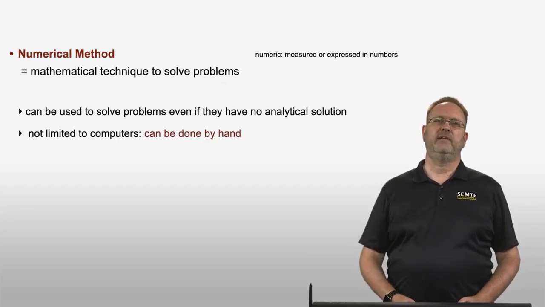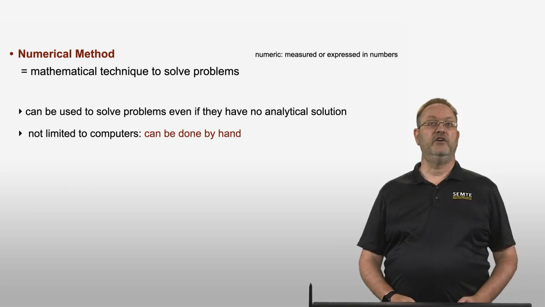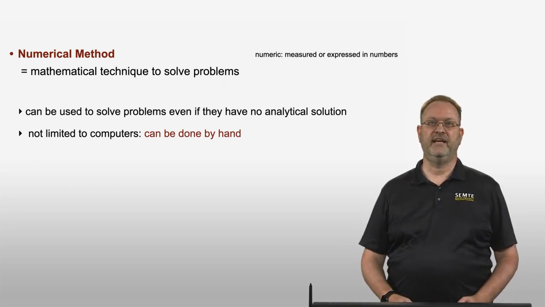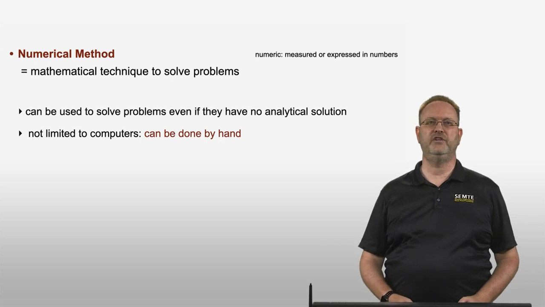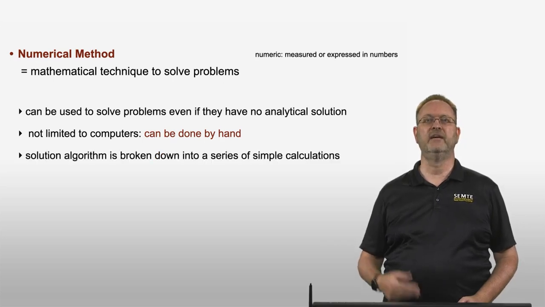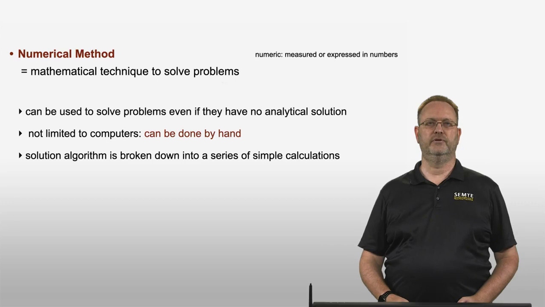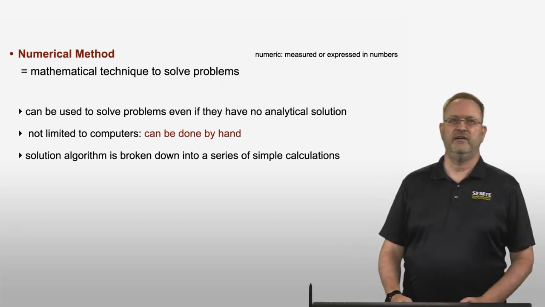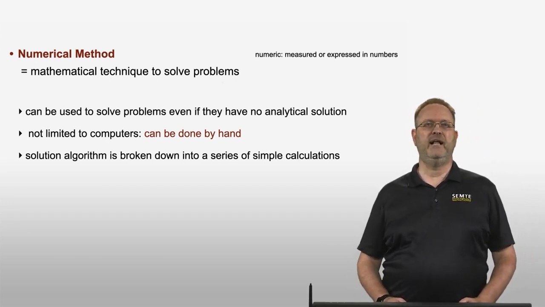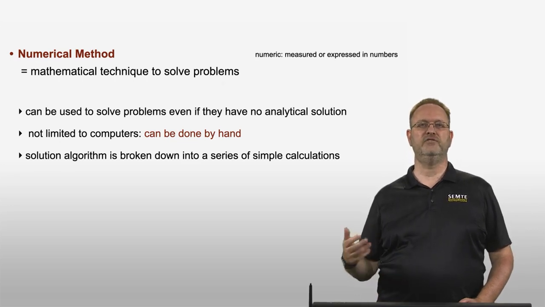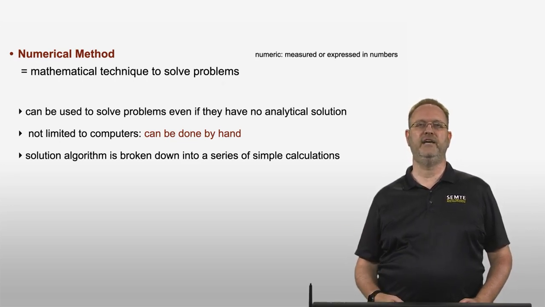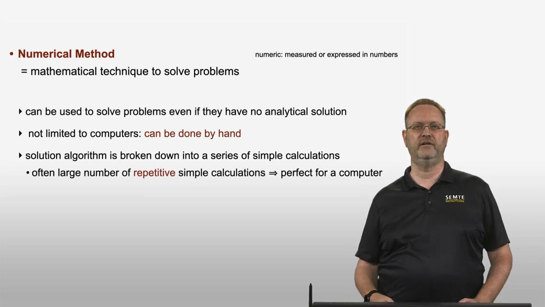These methods that we will cover in our class are not limited to computers. They can actually be done by hand, and most of these methods were initially developed to be done by hand before the arrival of computers. The methods and the associated solution algorithms basically consist of a long series of simple calculations that are done one after the other.